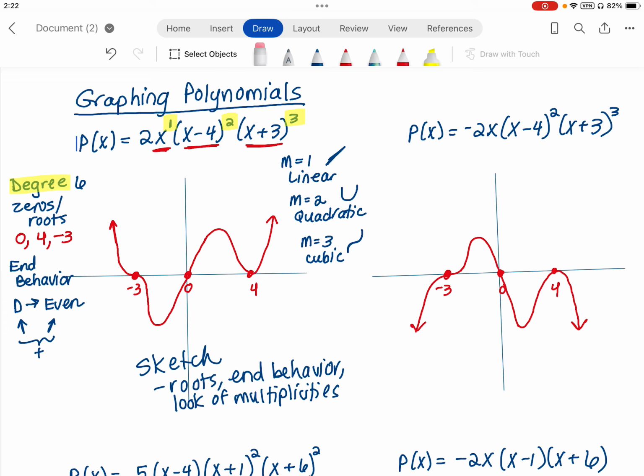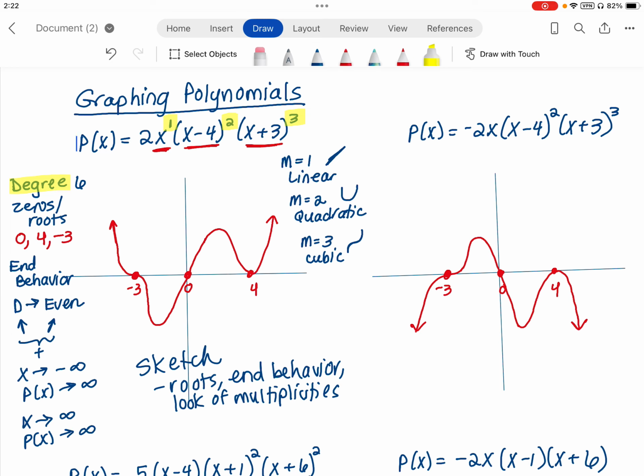So we can formally state that. Let's just add this in because you're going to see this in your homework. That as x approaches -infinity, your p of x is approaching positive infinity. And then as x approaches positive infinity, my p of x is approaching positive infinity.